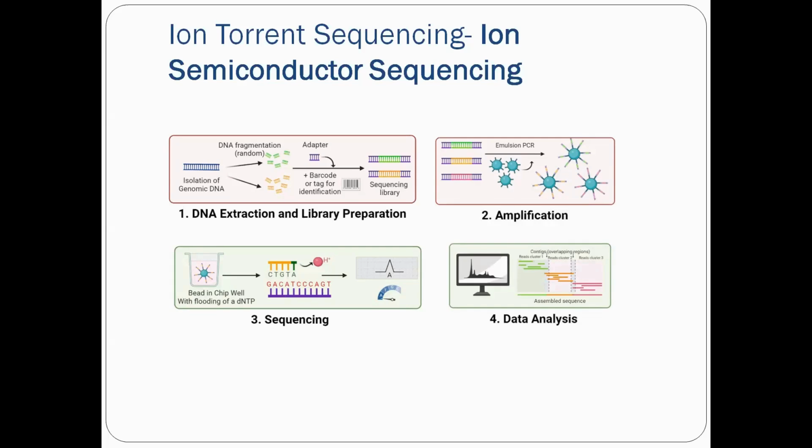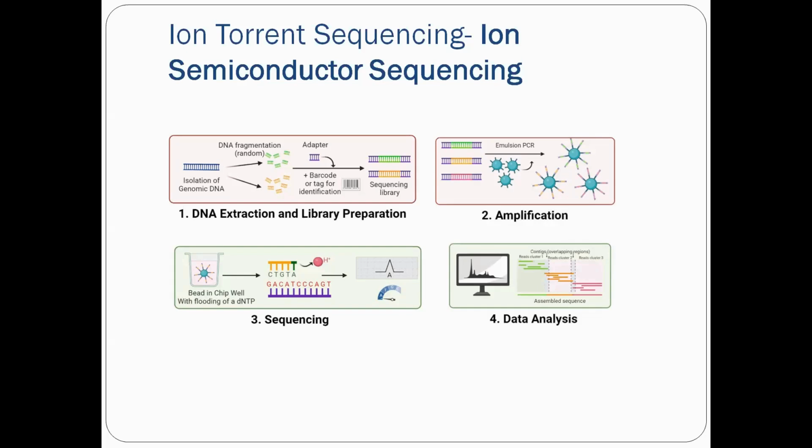So if we compare this to Illumina sequencing by synthesis, we see that the four main steps, that is the sample preparation, library preparation, amplification, sequencing, and data analysis, the steps are the same, the sequence is the same, but the basic chemistry is quite different.